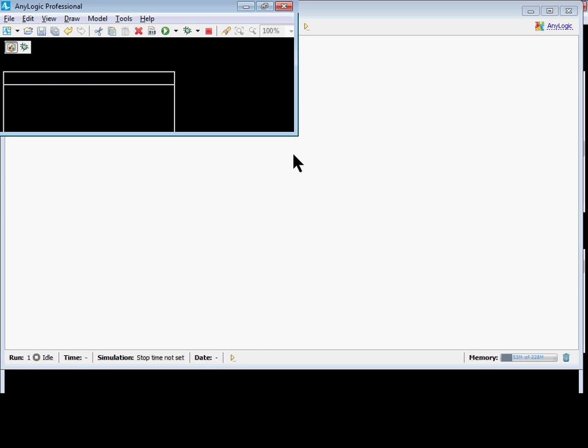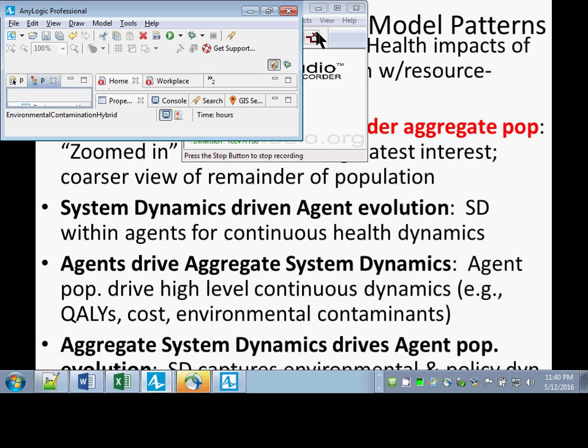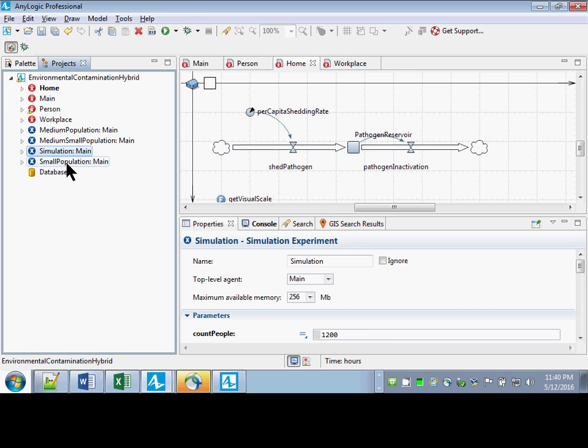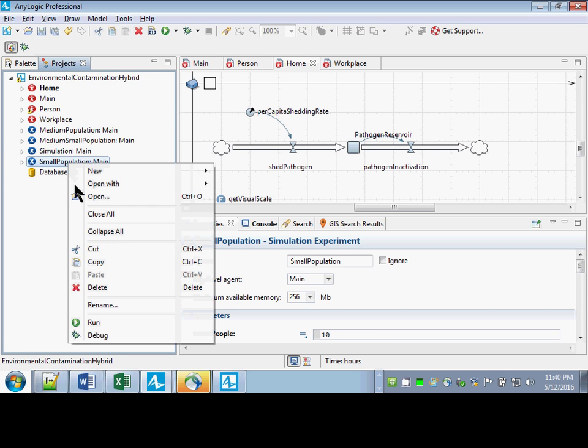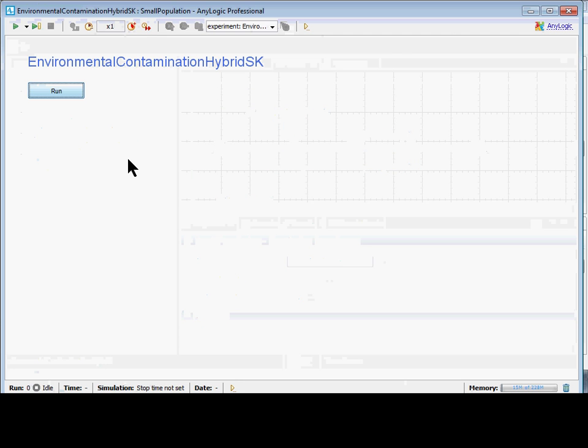But I'll run it for small population here. Okay, it's the last one. And I think one person starts infected here, and they're going to start shedding to the environment. And people aren't going to get the bug directly from that person. They're going to actually get it from the environment.